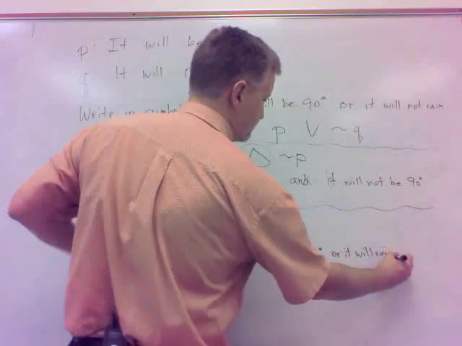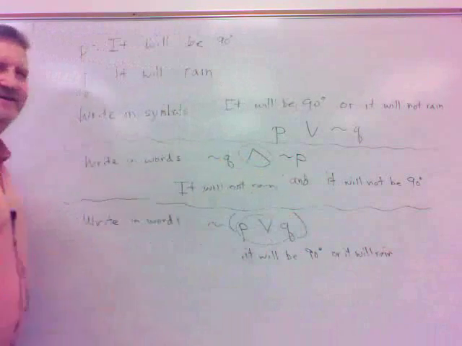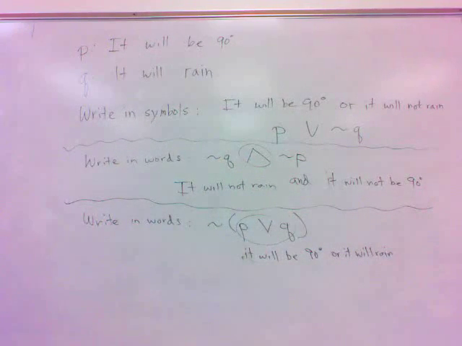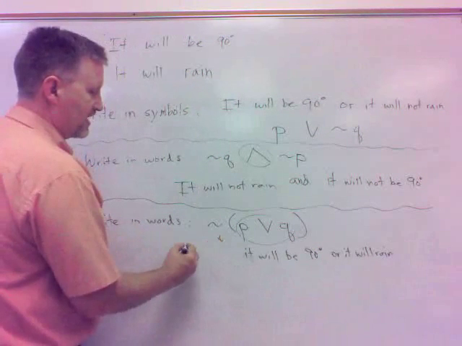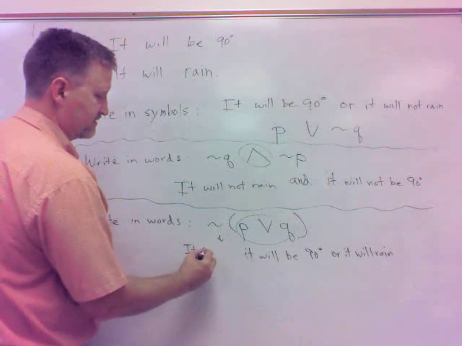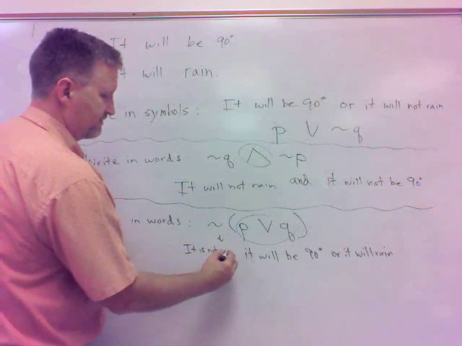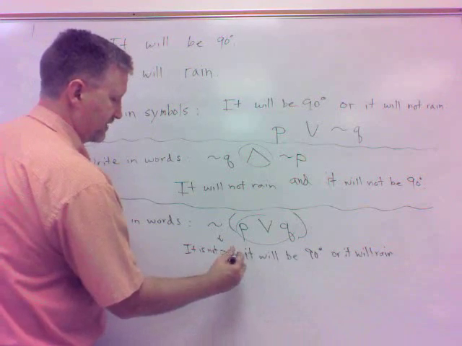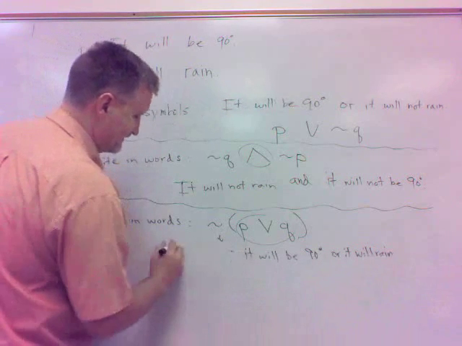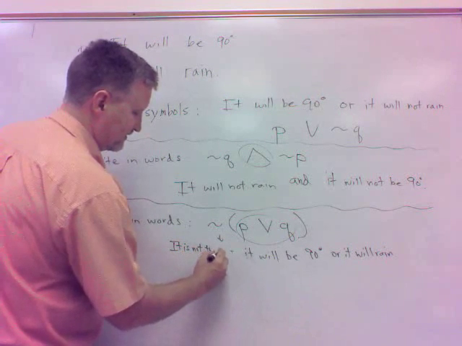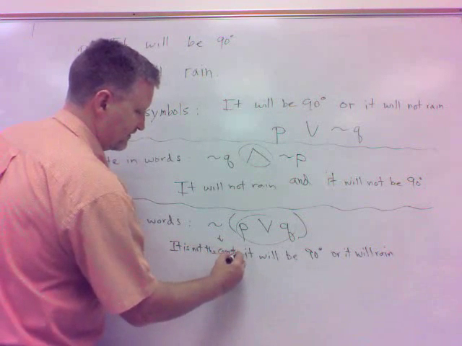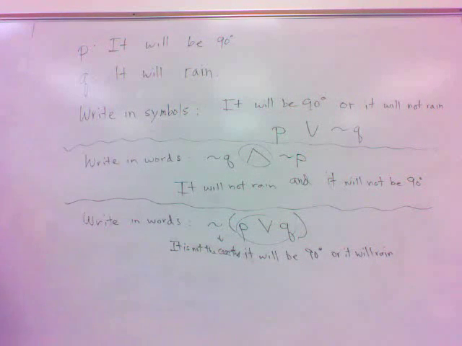But then we have the issue of the squiggly. What does the squiggle do? It negates it. So to negate this in this case, here's what I would say. I would just say, it is not the case that it will be 90 or it will rain. Okay, that'll suffice for now.